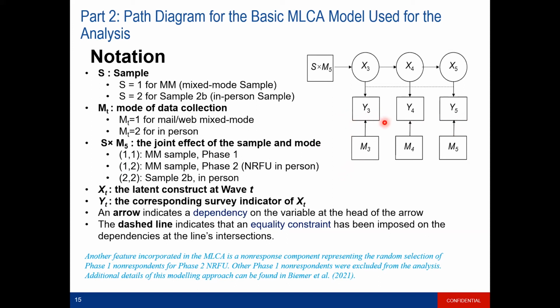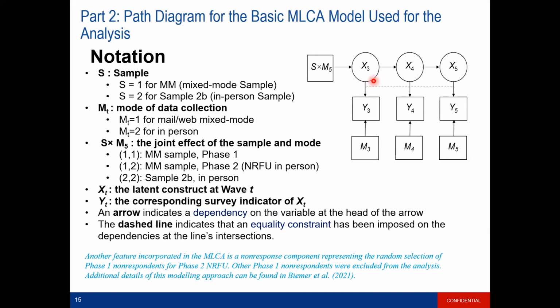So Y3 is a person who reported they felt sad or not in wave 3, and Y4 is the response in wave 4, and Y5 is the response in wave 5. What we are trying to model, trying to predict is the X value, which is the latent construct at different waves, which you can consider it as the true value.